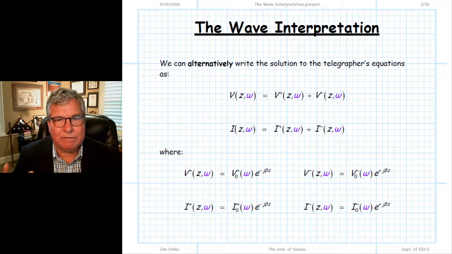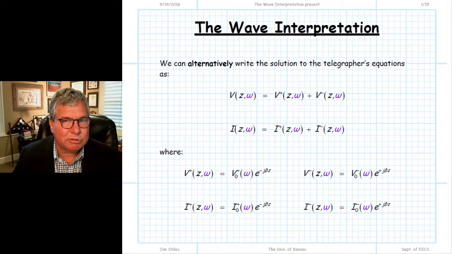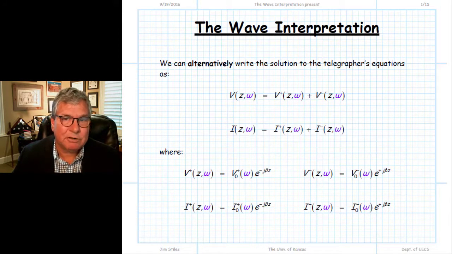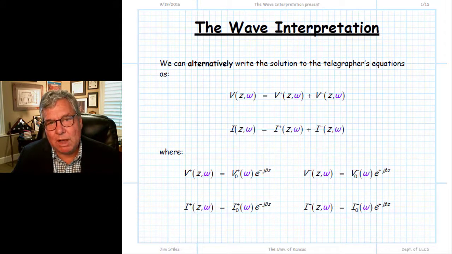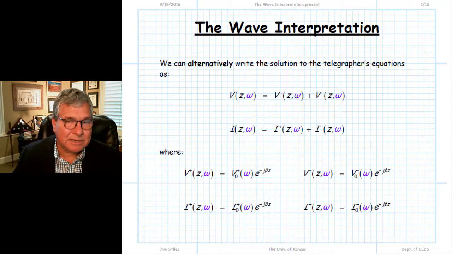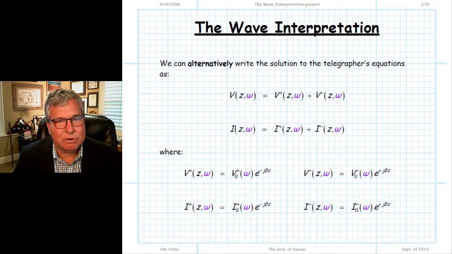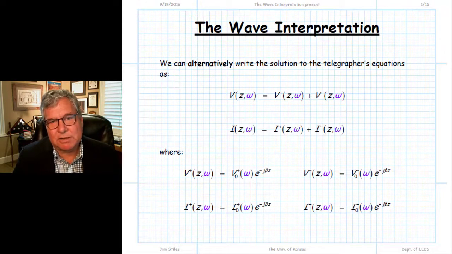If we do that, we find a lot of interesting things about what's happening on a transmission line, and we can use this insight to solve problems with transmission lines, to understand what is going on and why, such that the answers we get make sense to us, and we can design circuits with those transmission lines based on our understanding of their behavior. So that's what we're going to try to do here.